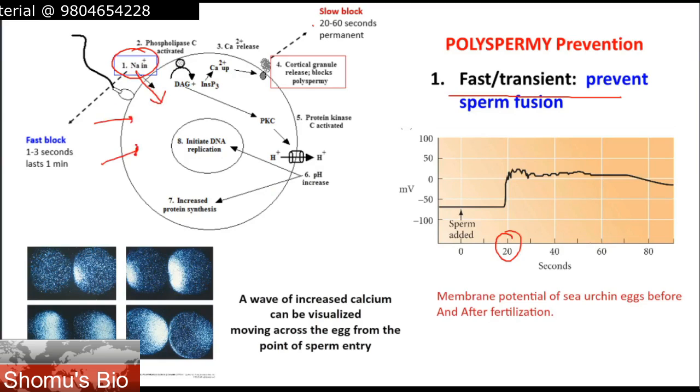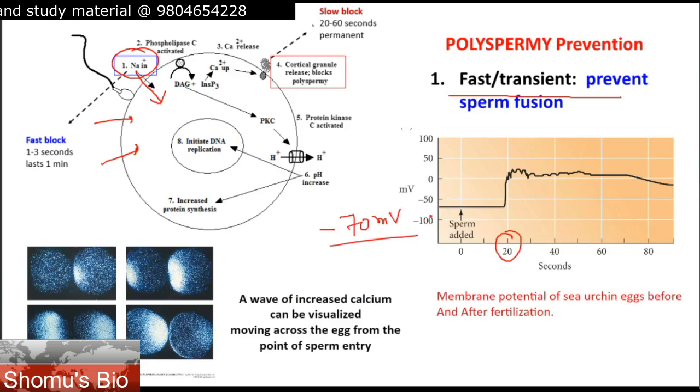As a result of sodium influx, the net polarity of the membrane changes, and we can measure this polarity with the membrane potential, right? This membrane potential is usually minus 70 millivolt. It jumped from minus 70 millivolt to almost 0 to plus 10 millivolt at least.